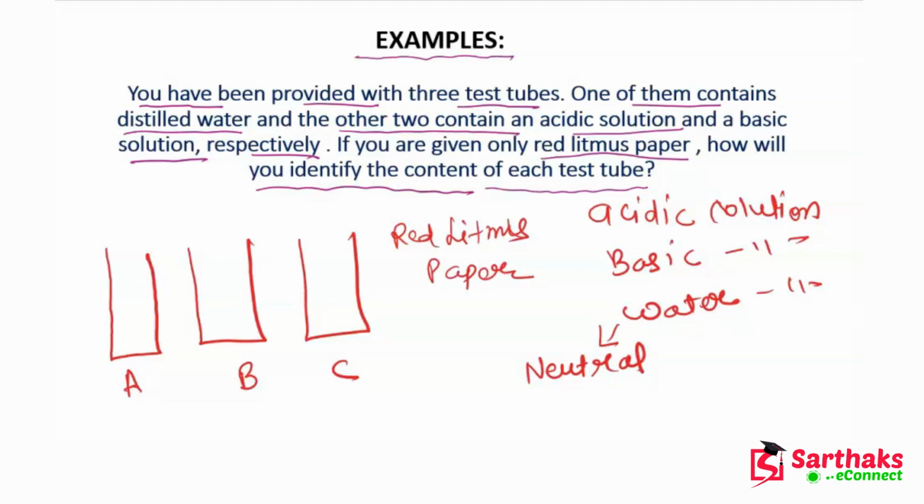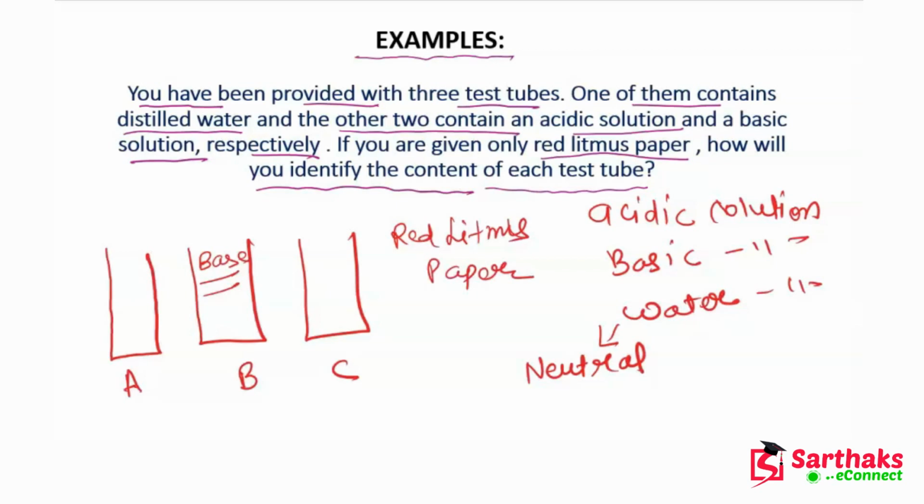Then we can say that in test tube B a base is present. This is a basic solution, because we know that bases change the color of red litmus paper into blue.